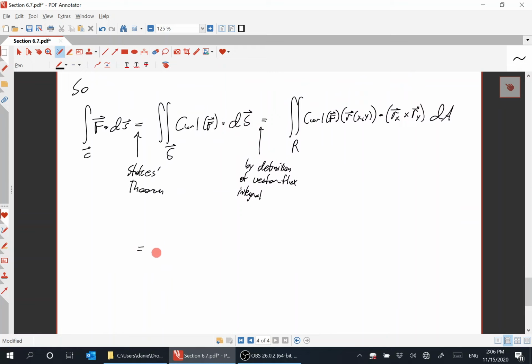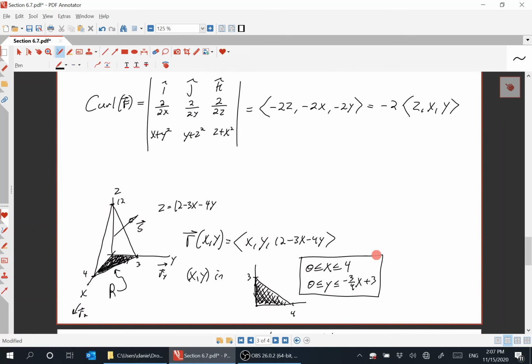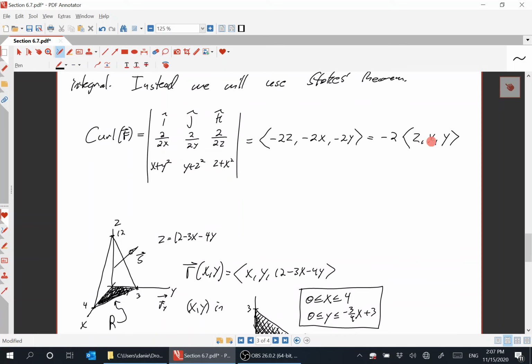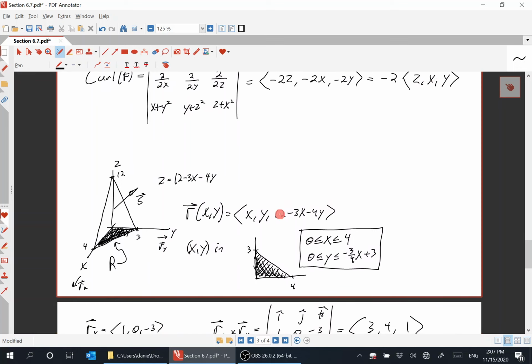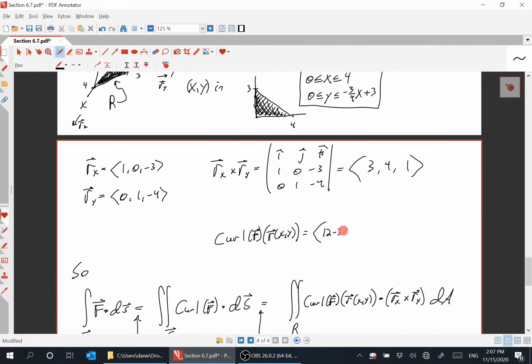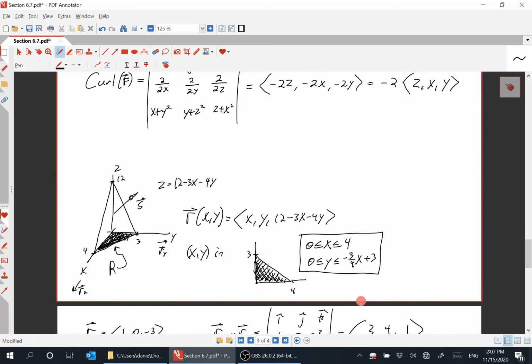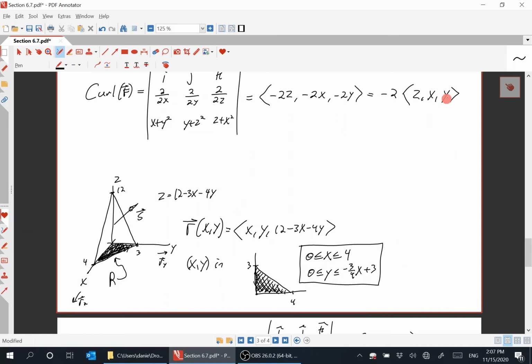So this is equal to the double integral over R. One more ingredient: the curl of f defined along r of x, y. The curl of f was z, x, y, where z is equal to 12 minus 3x minus 4y. So that's z, x, y.